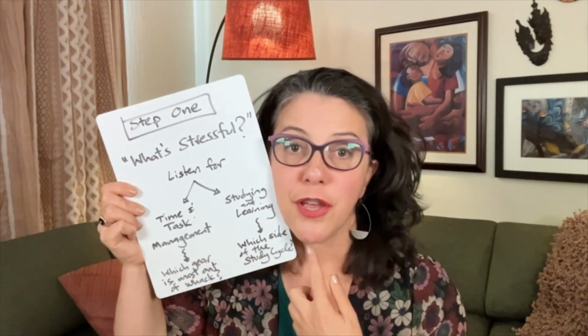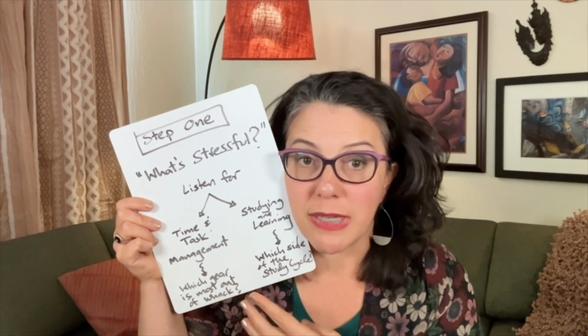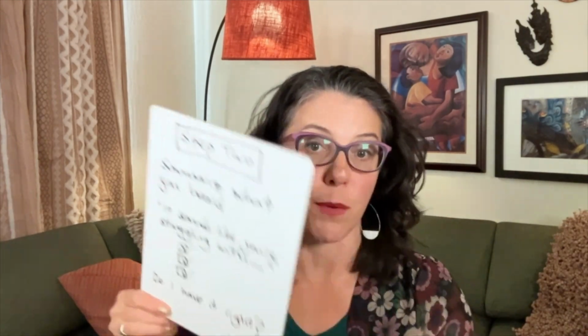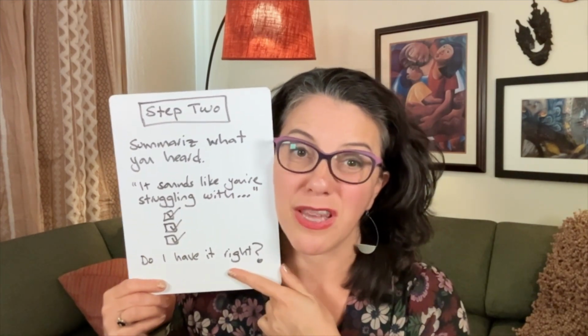Now, if you're a member of my community and you know all the mini lectures, you don't necessarily at this point need to share which side of the study cycle or which gear is most out of whack, but just know that you're holding that information in the back of your mind. So you've said all of this to the student, and then you check in with them. Do I have it right? Did I hear correctly? Did I get everything? Some version of that question. You want to make sure that they feel fully heard before you move on to the next step.